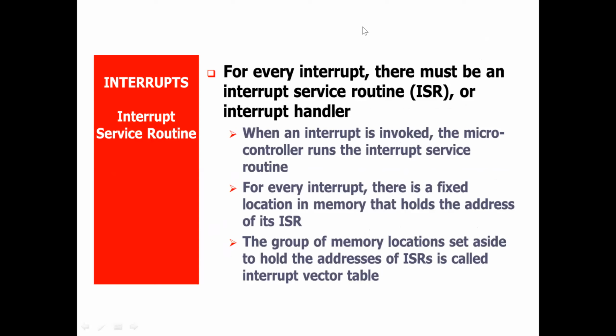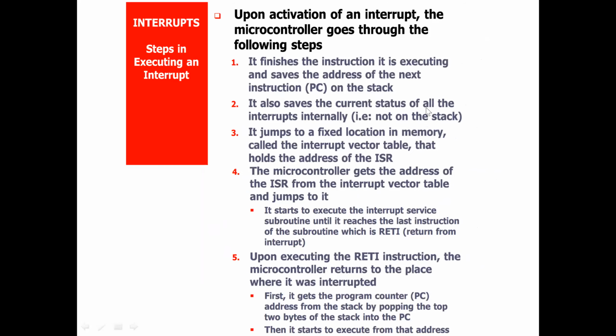As I told you, for every interrupt there is an interrupt service routine; there are special programs or separate subprograms for each interrupt, which we will discuss. These are all steps done by the controller; we are not going to do anything. When any interrupt occurs, what happens to the PC?